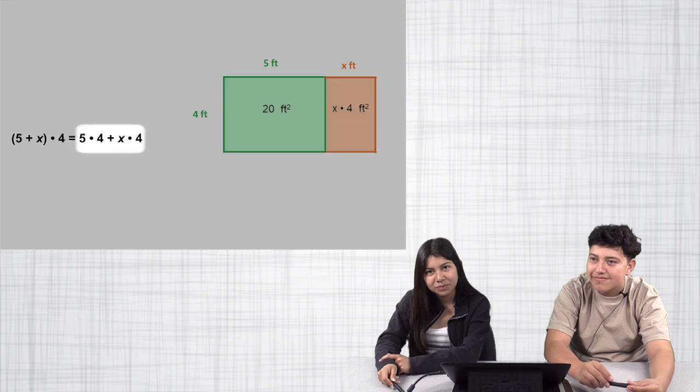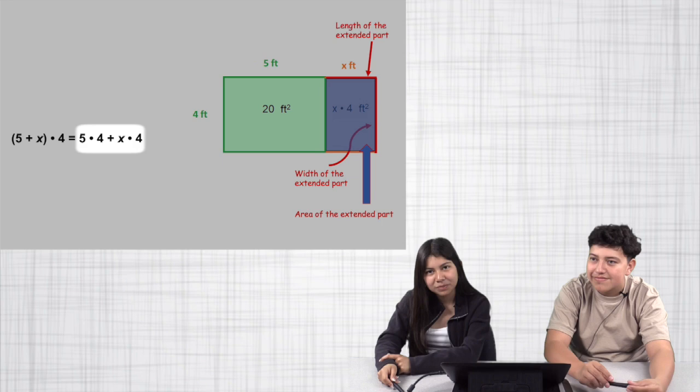Now the right side of the equation represented first multiplying the length and width of the original, or OG, garden to get 20 feet squared. Then they multiplied the length and width of the extended part of the garden, which was expressed by x multiplied by 4.